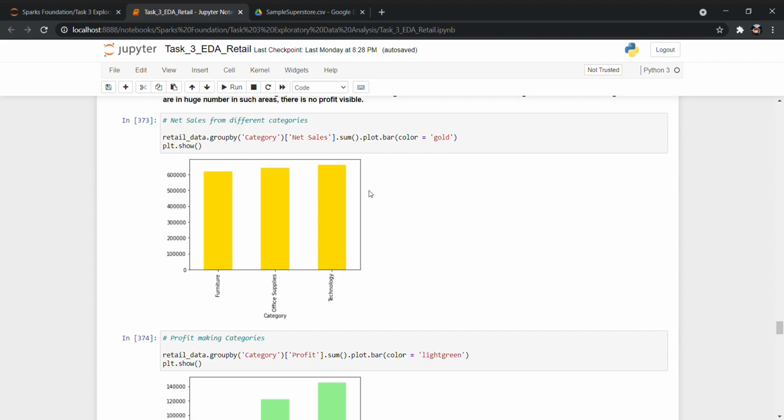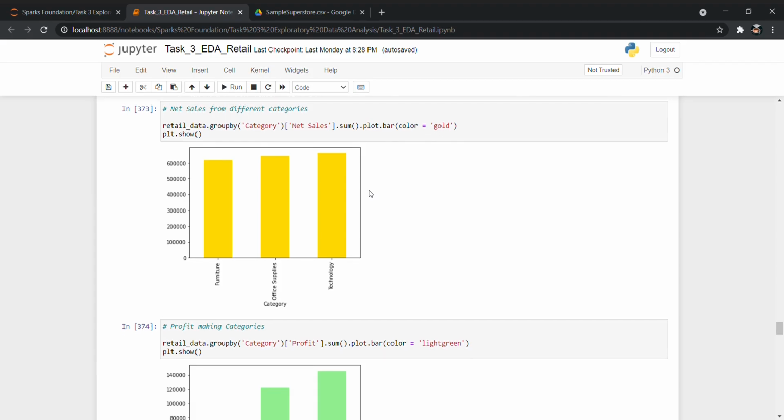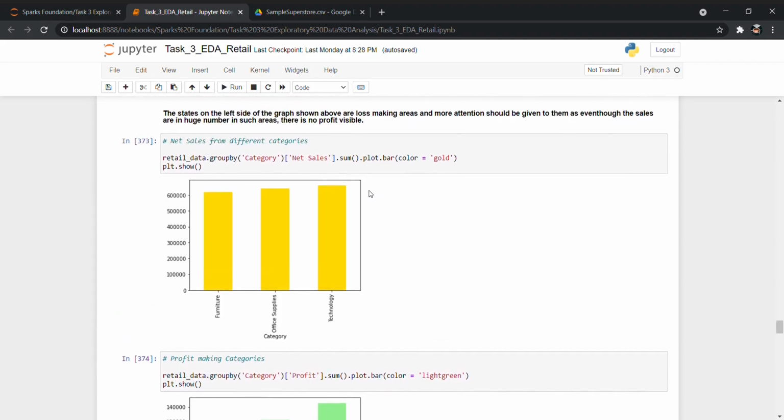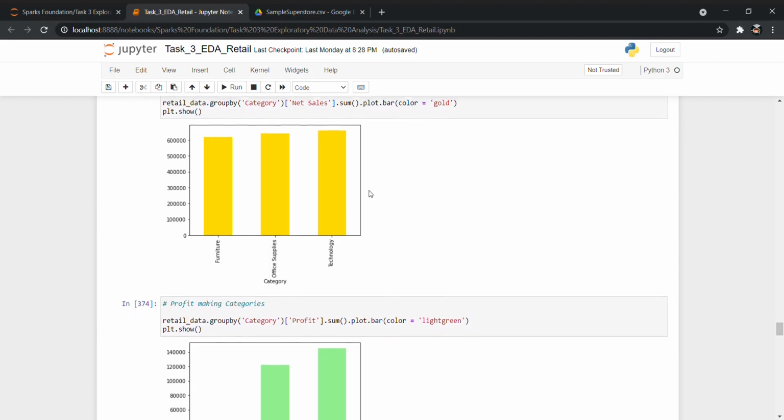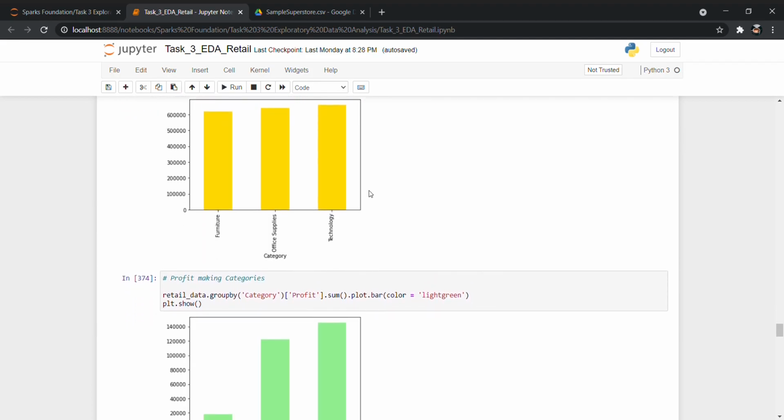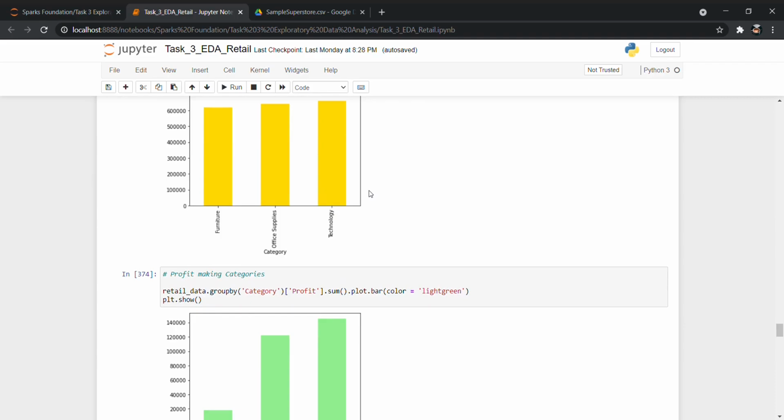Now moving on, I have obtained data that is categorized on the basis of the various categories of our products, and the net sales and profit related to those particular categories.